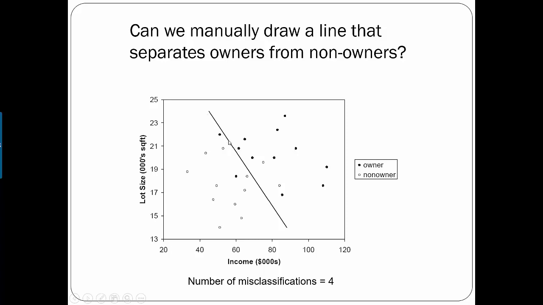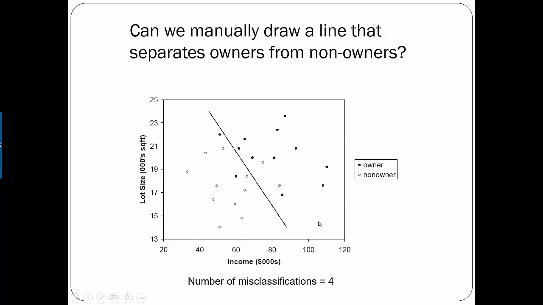If we use this straight line as our classifier, anything underneath is classified as non-owner, anything above the line is classified as owner. Then this line will misclassify four observations. These two are owners, but will get classified as non-owners, and these two are non-owners that will get classified as owners. So the number of misclassifications for this line, discriminating owners and non-owners, is 4.